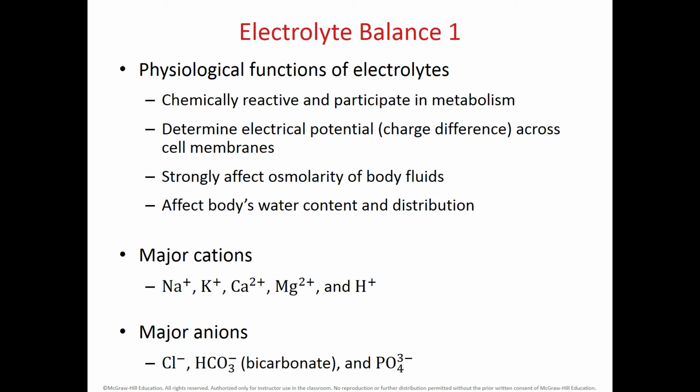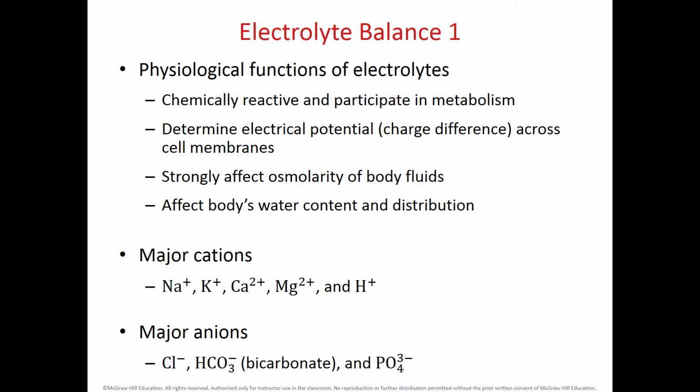So basically, they will determine the electrical potential or charge difference between the cell membranes. And this will have an effect on the osmolarity of body fluids, especially sodium, bicarbonate ions, and chloride.